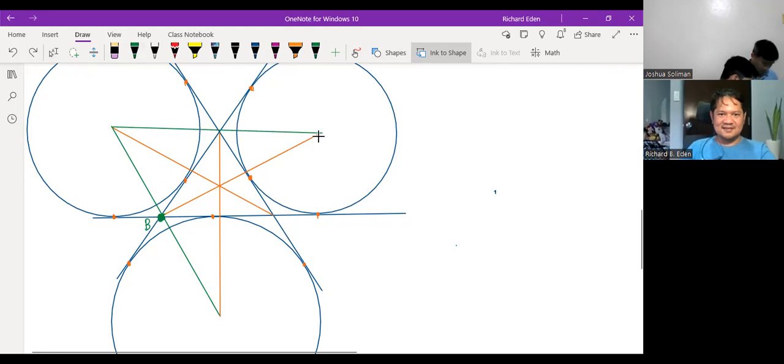It looks like Monge's theorem a little bit. Not really, but it just looks like Monge's theorem.